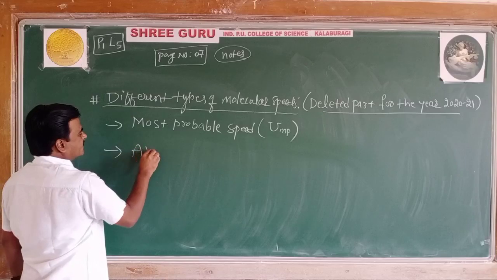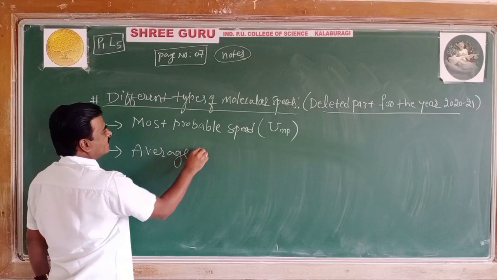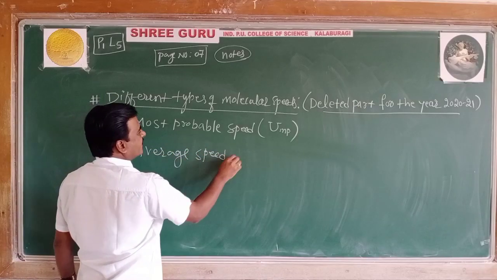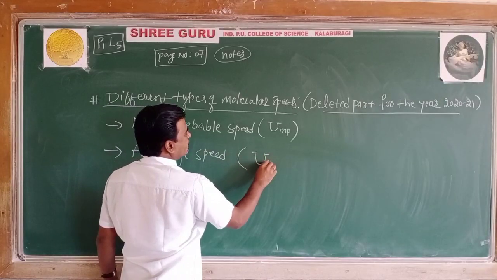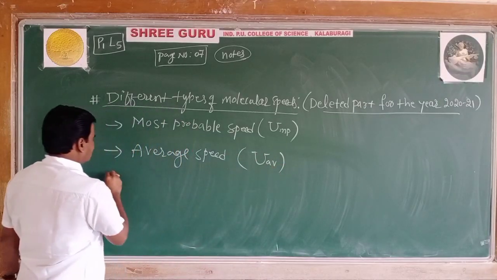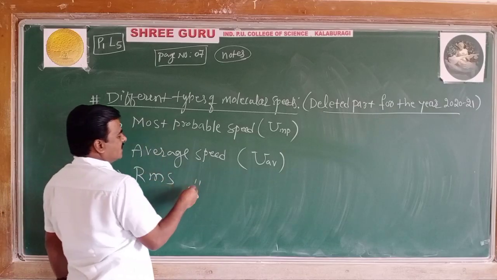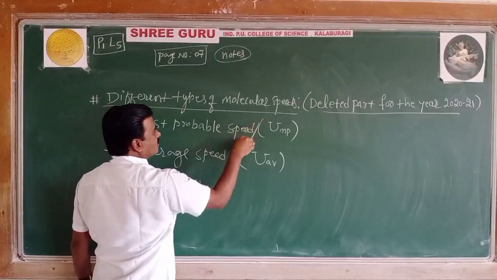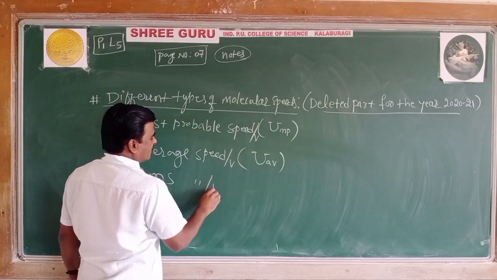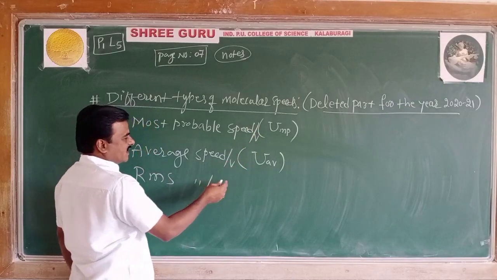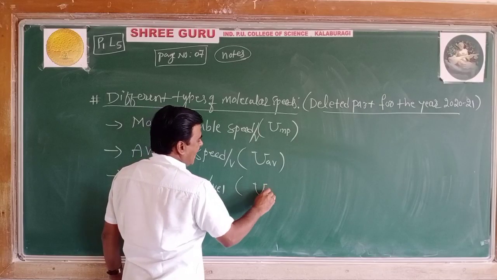Next, average speed, UAV. And the third one is RMS speed or velocity. No difference if they say velocity. RMS speed or RMS velocity, URMS.